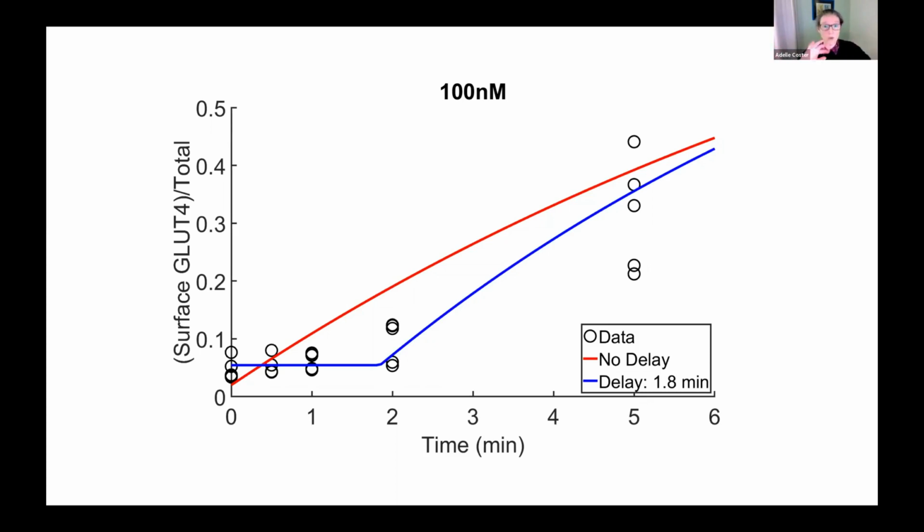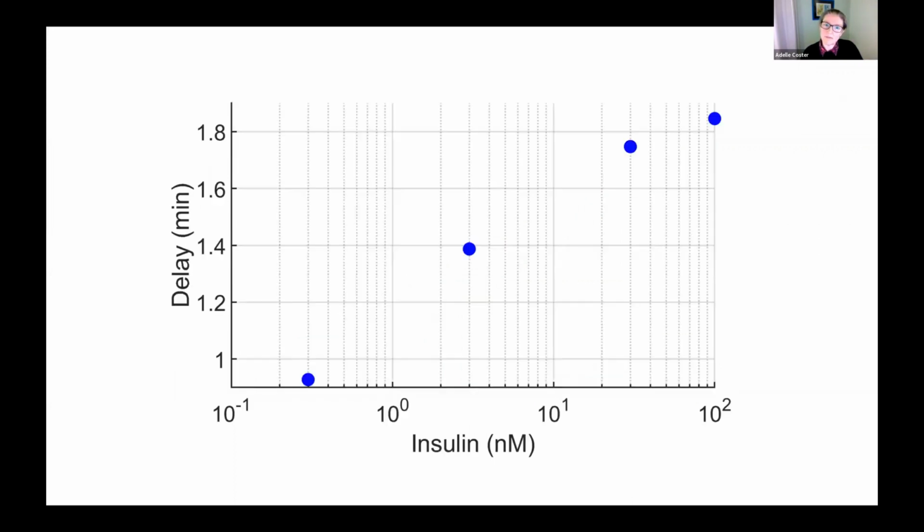That took about 0.4 minutes for our physiological level of insulin. And then our regulation kicked in after that. So what's interesting is for these different insulin levels, the delay for the GLUT4 response, even though it's a bit coarse and it's just a preliminary look, appears to increase with increasing insulin.